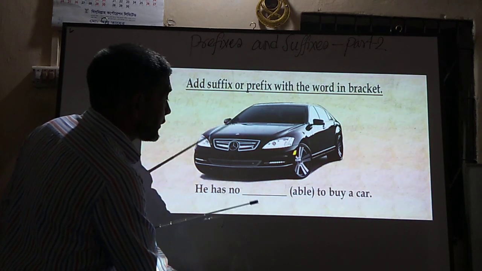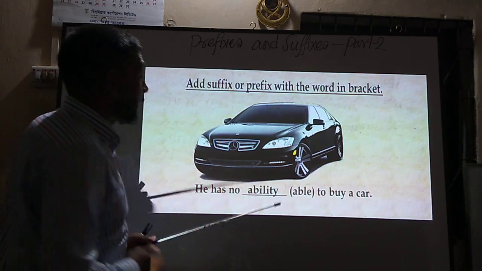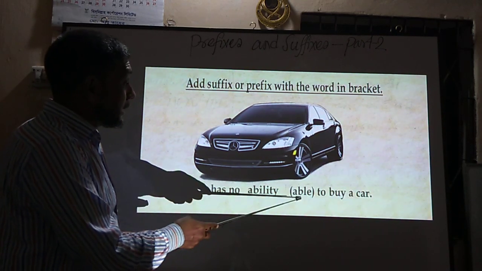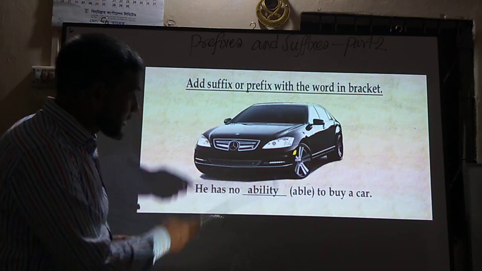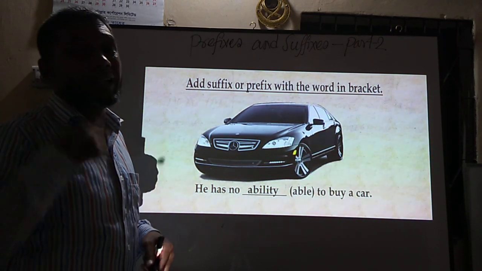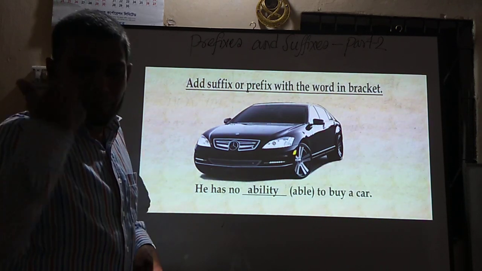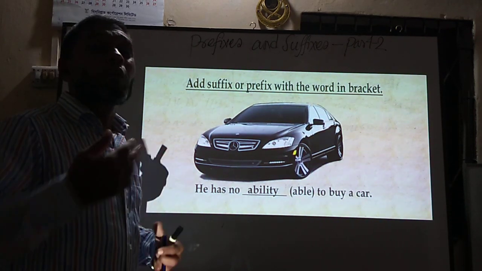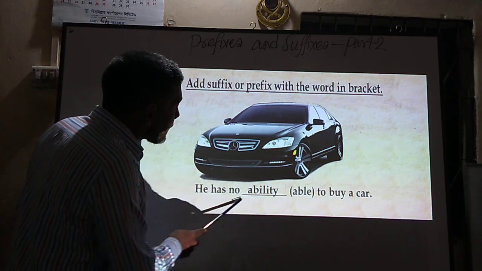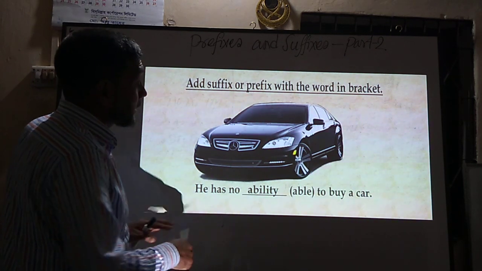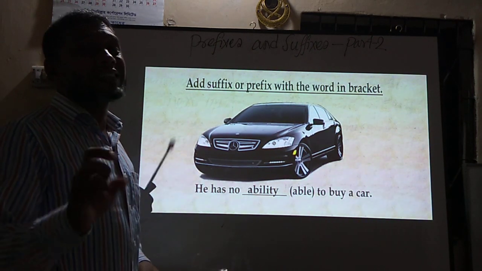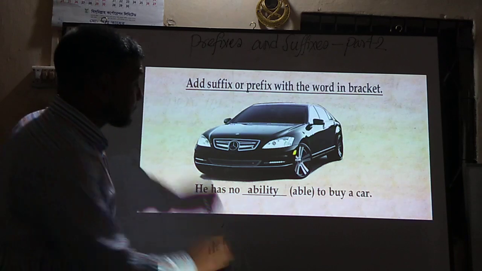So I have just changed the word; it was an adjective, I have changed it into a noun, then my answer will automatically be correct. Whether I use a prefix or suffix or both, that does not matter. If you consider the place, fix the place, and change the word like that, then your answer will automatically be correct.